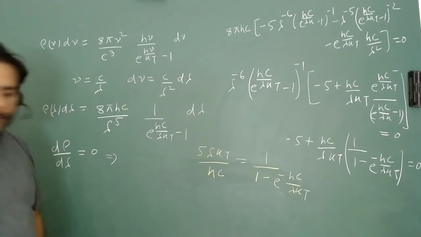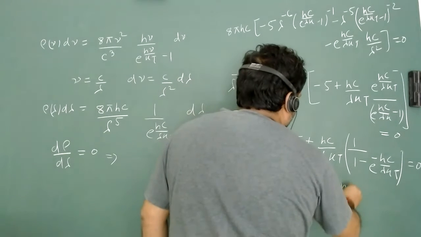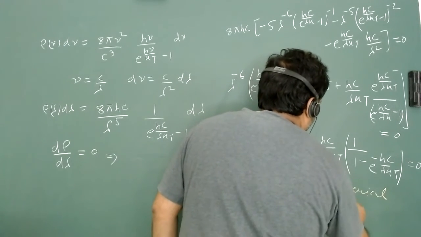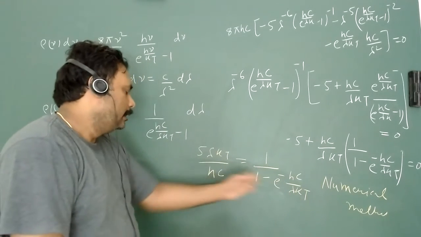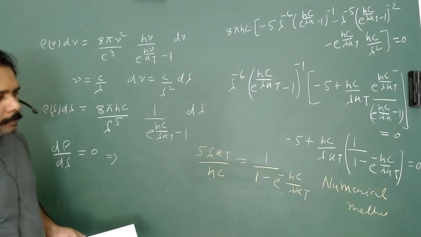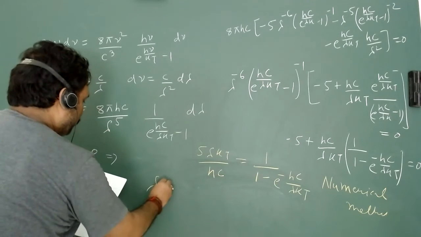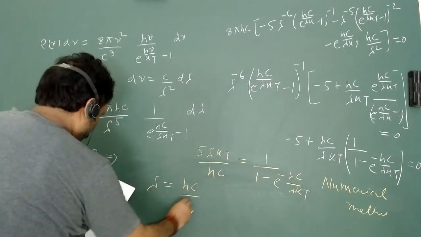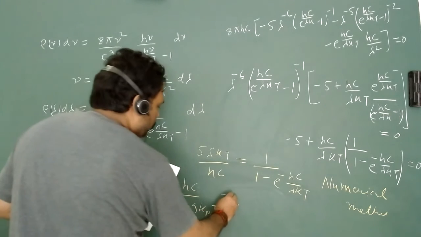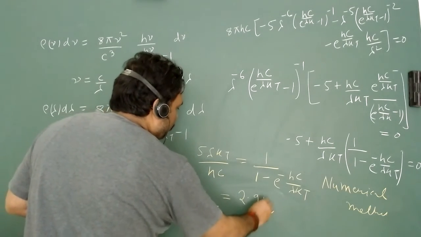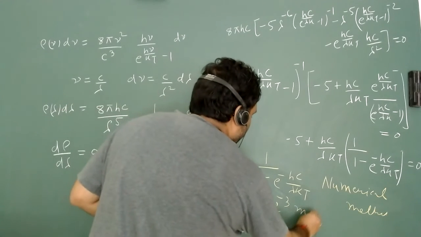You cannot solve it directly, so you can solve it only by a numerical method, because it is very difficult to find lambda directly from here. But once you solve it by a numerical method or computer programming, you can easily find the value of lambda is equal to hc upon 4.965 kT, and this value is actually 2.9 into 10 to the power minus 3 upon T, in meter Kelvin.